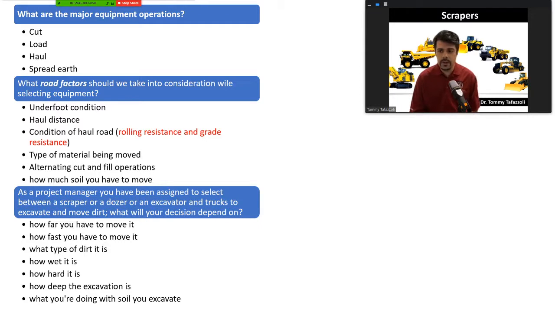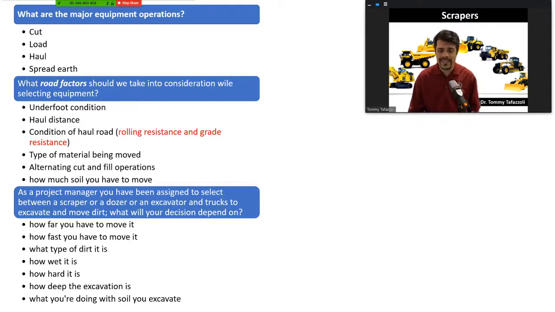To answer that question, you want to know how far you need to move the dirt, and how high you want your speed to be. Are you in a rush or not? Is time not of the essence, but you want to spend less money? What type of dirt it is? That soil type matters a lot.